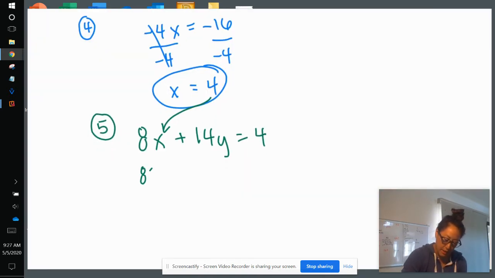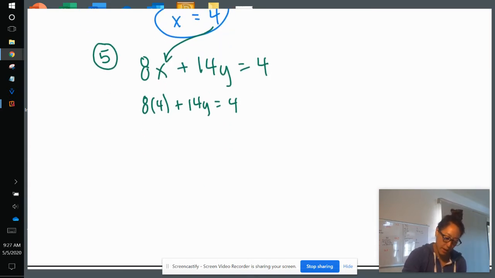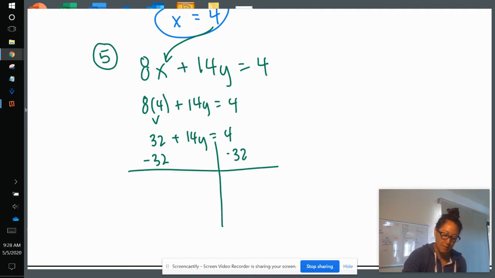So I have 8x plus 14y is equal to 4. And we're substituting in the 4 for the x. So 8 times 4 plus 14y is equal to 4. I'm going to go ahead and multiply: 8 times 4 is 32, plus 14y is equal to 4. Subtract 32 from both sides, again showing my work at every step. So I bring down the 14y is equal to -28.